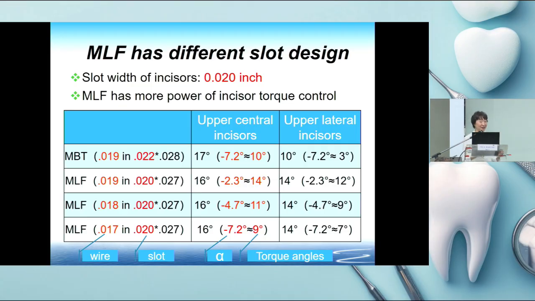Why? In the PASS system, what Professor Xu thought to do is to decrease the slot size for the anterior teeth for torque control, and also not increase the friction in the posterior teeth.